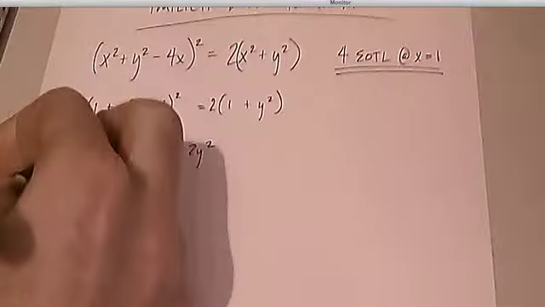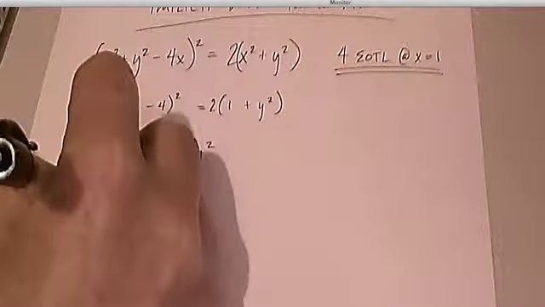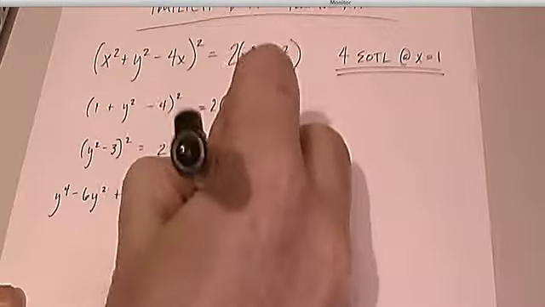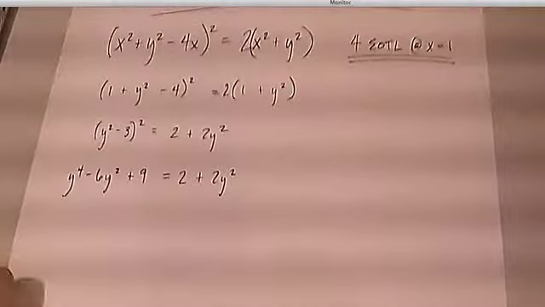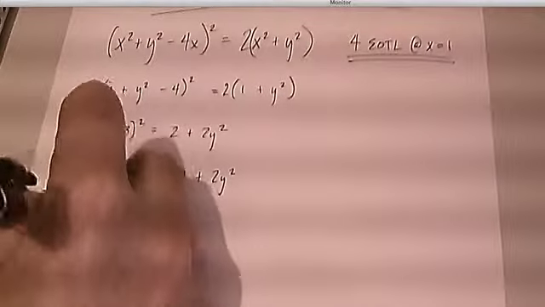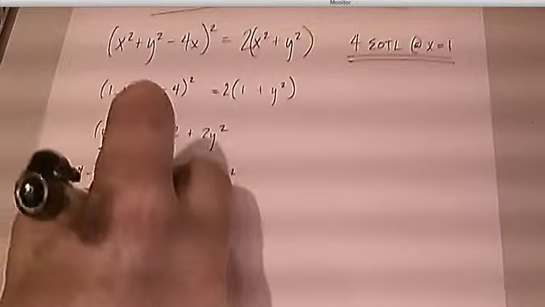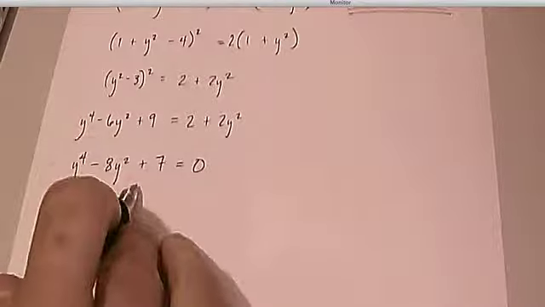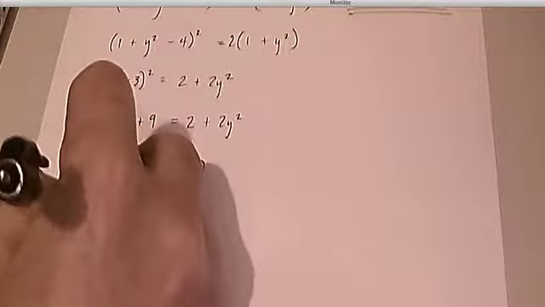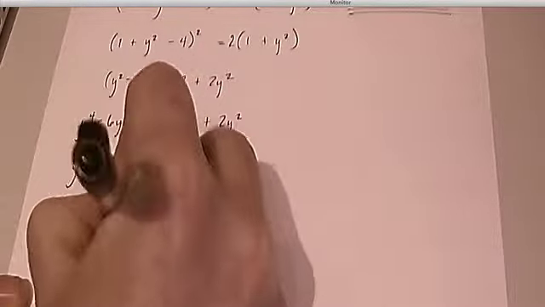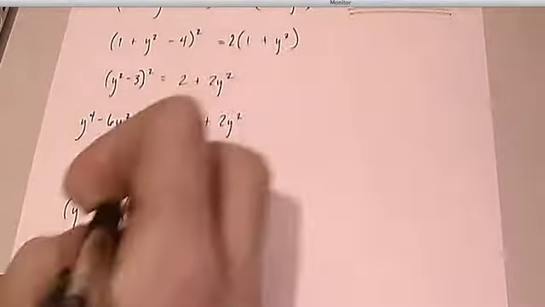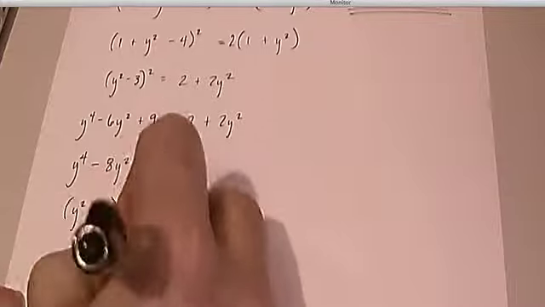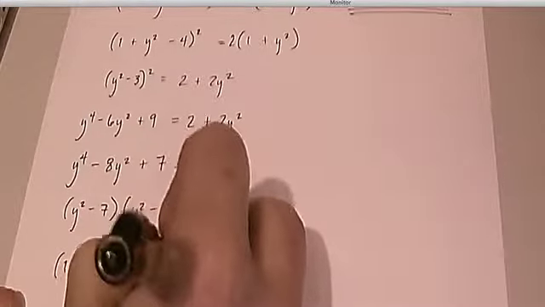Now that looks a little bit nasty, but you have to remember that this expands predictably because it is a binomial squared, and you know what perfect square trinomials look like. And then when I start gathering things on this side, all of a sudden I have a quasi-quadratic that factors very, very easily. I have y squared minus 7 and y squared minus 1, and therefore my ordered pairs are 1, plus or minus root 7 and 1, plus or minus 1.